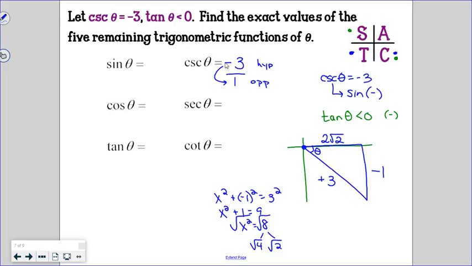Right, we'll start getting some answers up here. Jared, when you're ready, I'll take sine from you. Kaylin, how about cosine? Jonathan, secant, when you're ready.